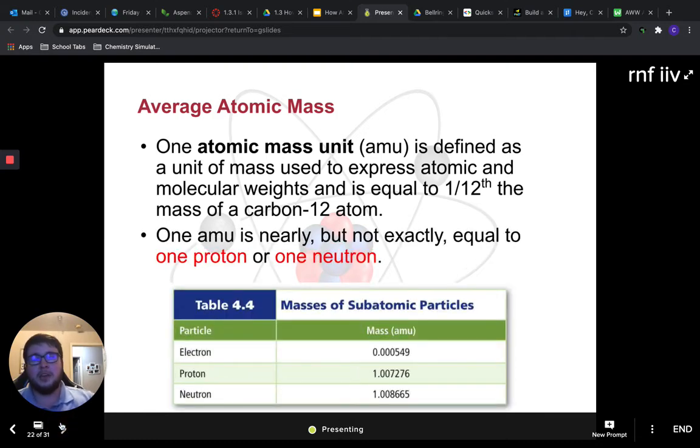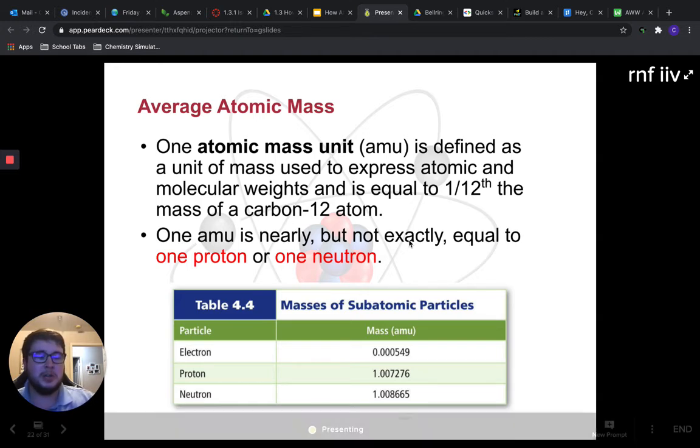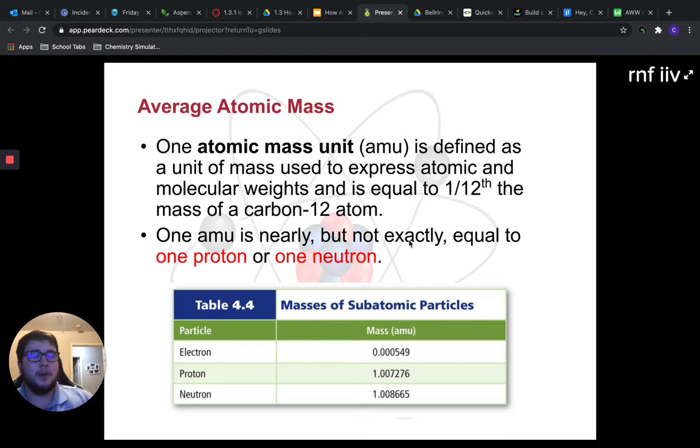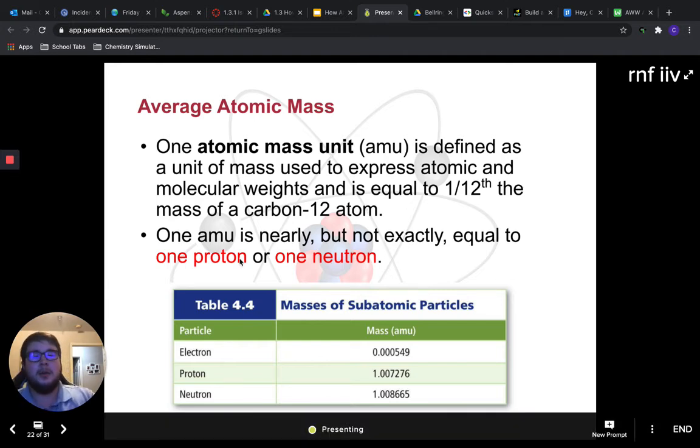All right, so again, one AMU is nearly, but not exactly, but for the purposes of this class, we're going to assume or round off that it's about 1. One AMU is equal to 1 proton or 1 neutron. Look at the electron here. The mass of an electron in AMUs is 0.0005.